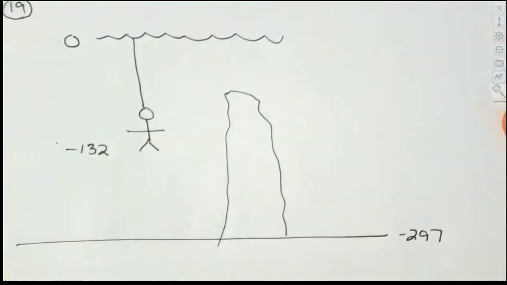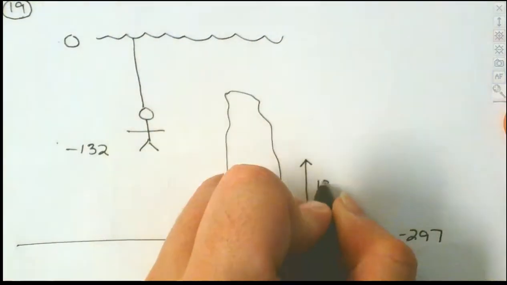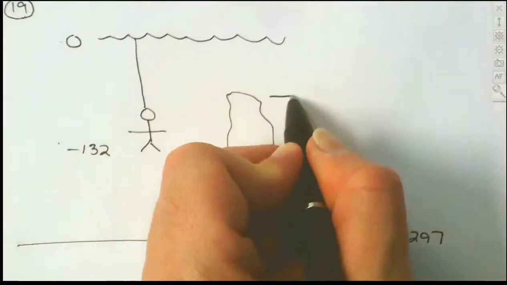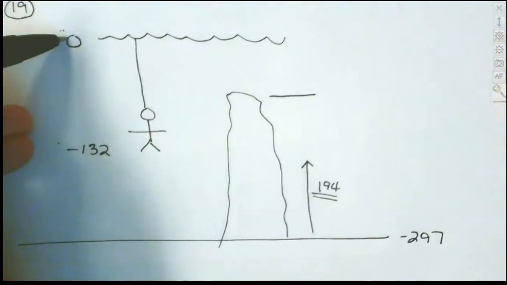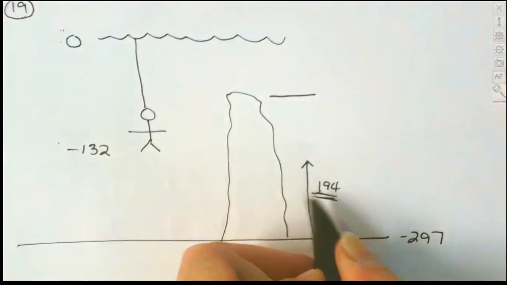This is where it gets confusing. This is going to go up 194 feet from the bottom. So where is it actually at? If I look at a number, it's below 0, right? Because it's in the water. I need to figure out the difference between these two.